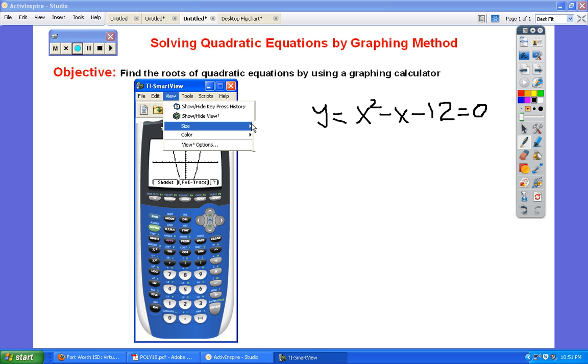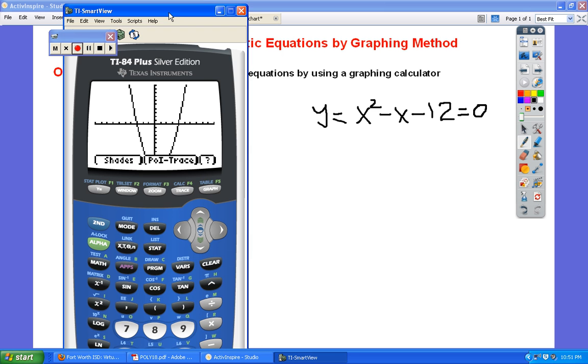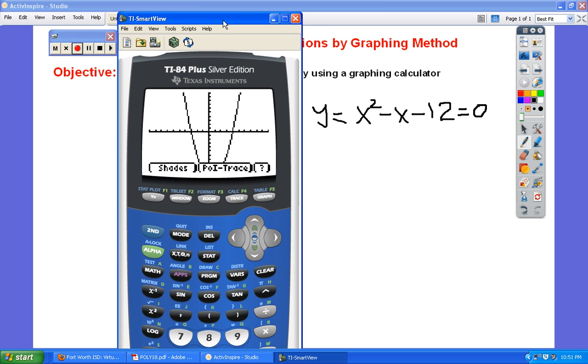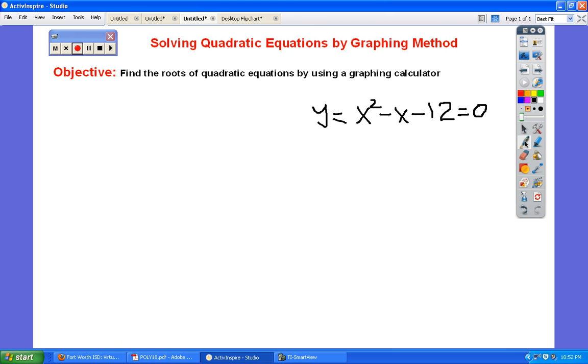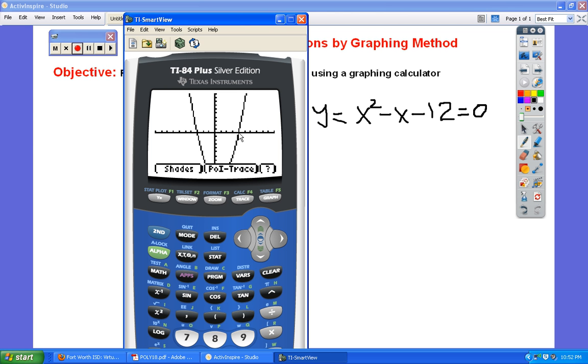Let me go back to the large and left so that you can see it well. Now this is what I'm talking about here. When you graph it, the zeros are where the graph touches the x-axis, which is right here and right here.